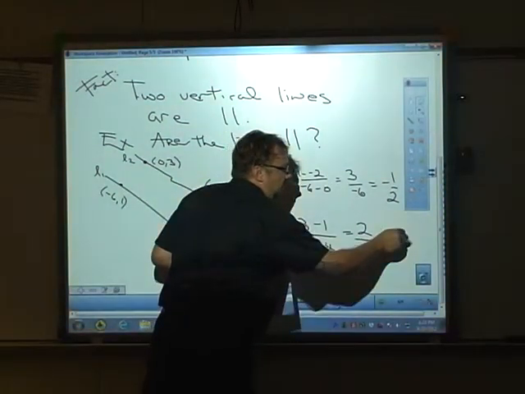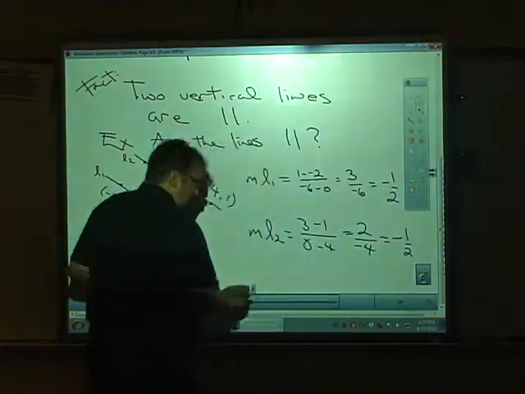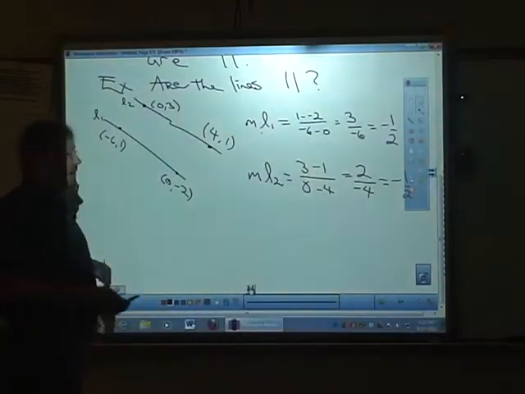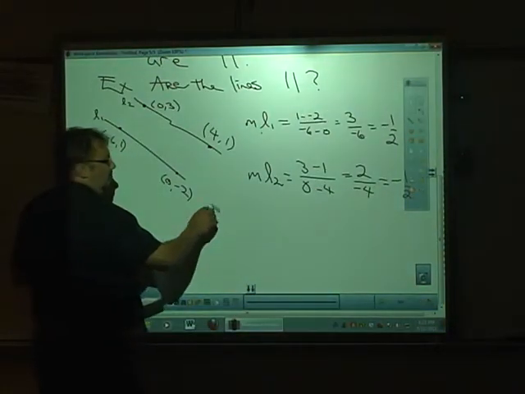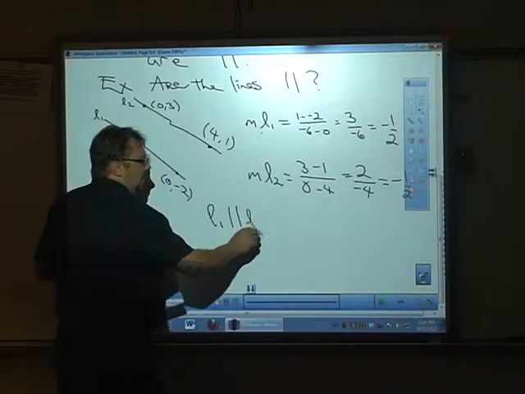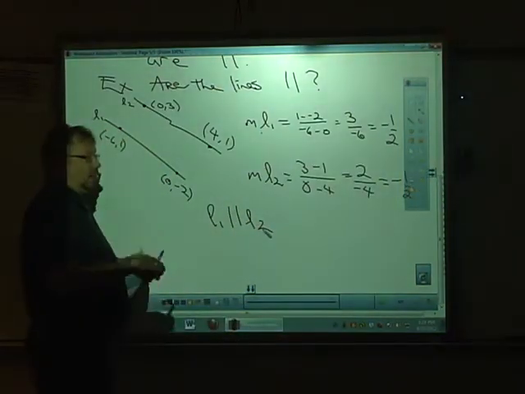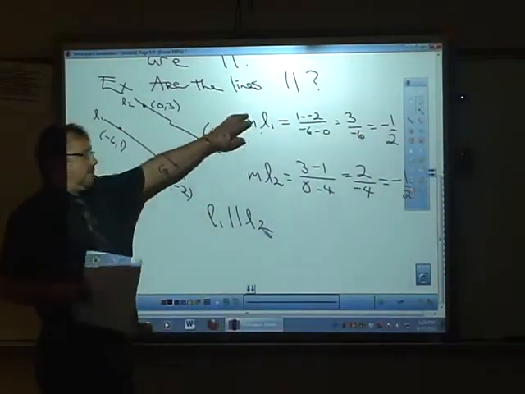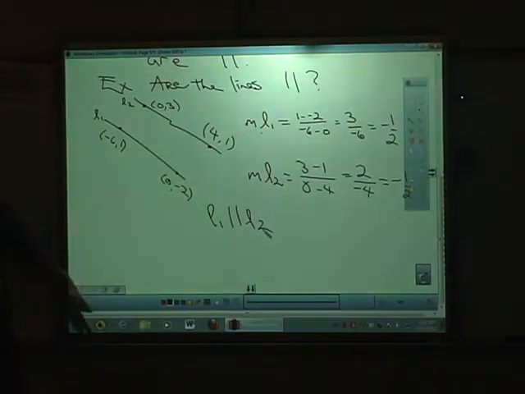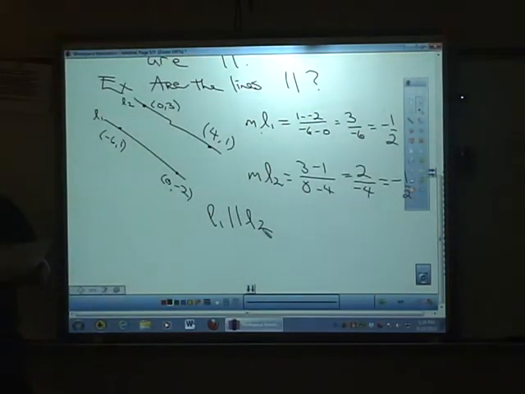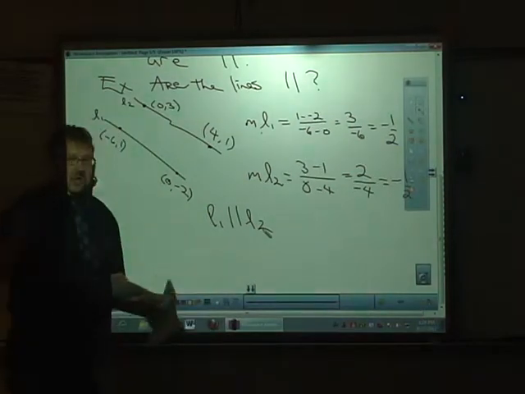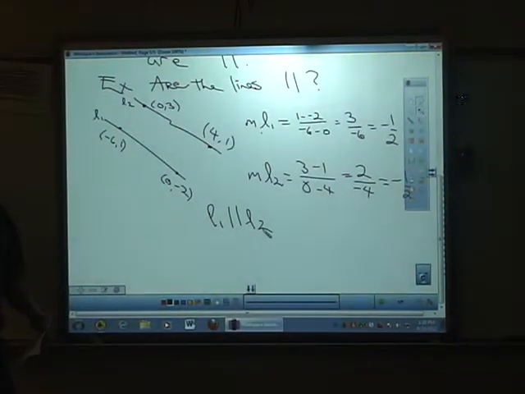Oh, but this will also give us -1/2. So, are these two lines parallel? L1 is parallel to L2 because the slopes are equal. I want to see how you found the slopes. I want to see that you show that they're the same. Got it? Let's try one more example.